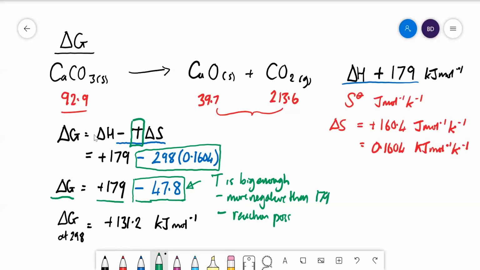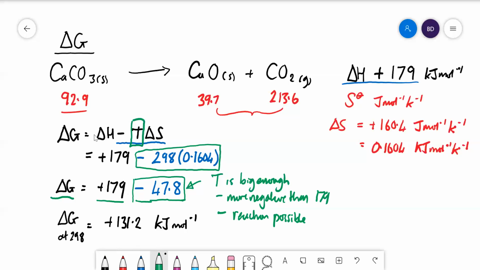So you can see this reaction won't be possible at low temperature, but if the temperature gets big enough, then yes, it will happen. And that's why this is a thermal decomposition reaction. Of course, nothing happens unless you heat it up because delta G is positive.